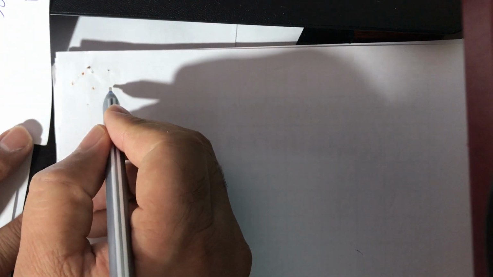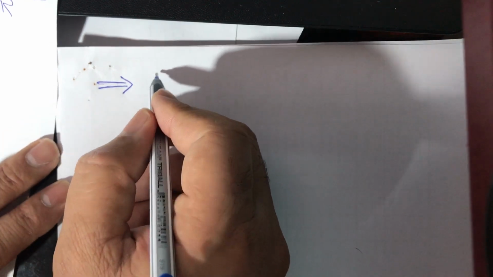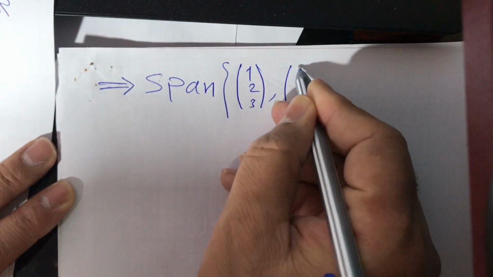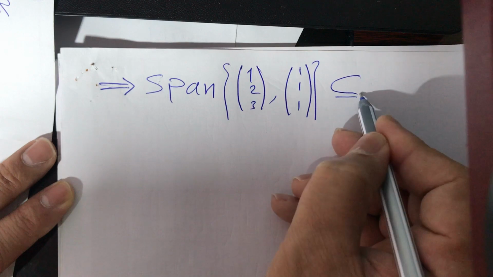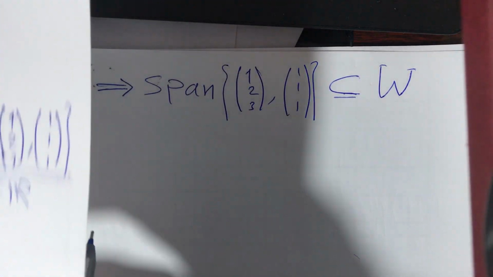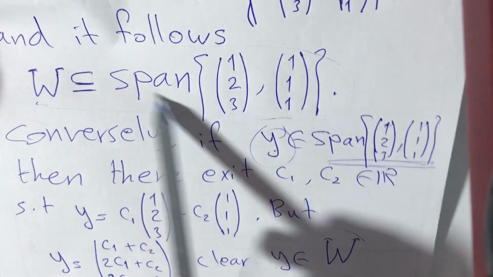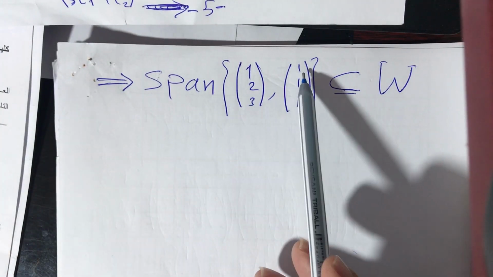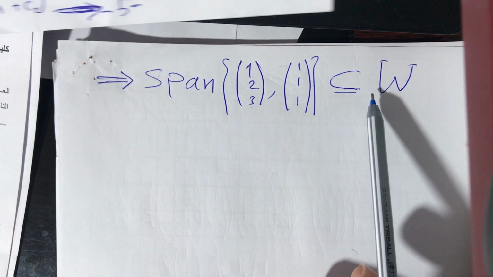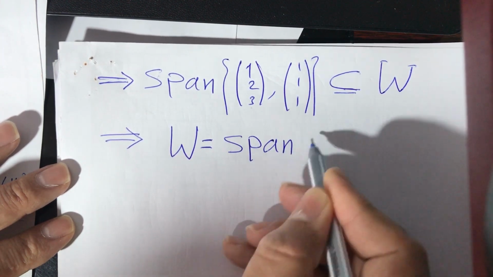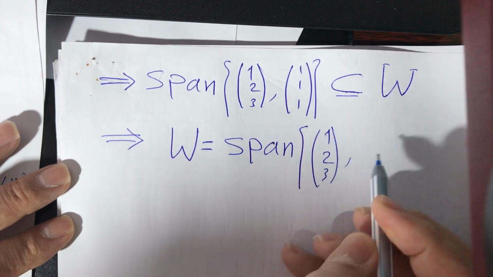This implies the span of (1, 2, 3), (1, 1, 1) is a subspace of W. So here, in the foundation of mathematics, W is a subset of span of (1, 2, 3), (1, 1, 1), and this is the opposite side: span of (1, 2, 3), (1, 1, 1) is a subset of W. So we get W is equal to the span of (1, 2, 3) and (1, 1, 1).